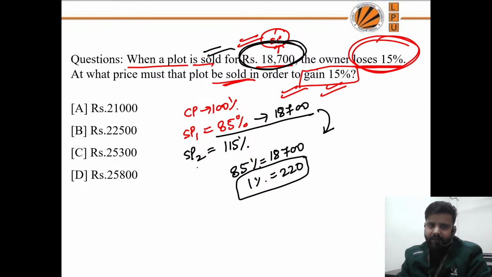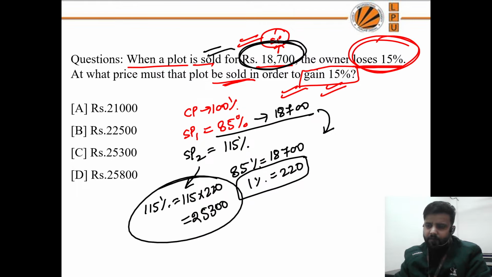Question is asking you when you are selling at 15% profit instead of 15% loss. So you need to calculate 115%. So the value of this would be 115 multiplied by 220, which will give you 25300. I hope you got this question now. If anyone has confusion, type in comments please.